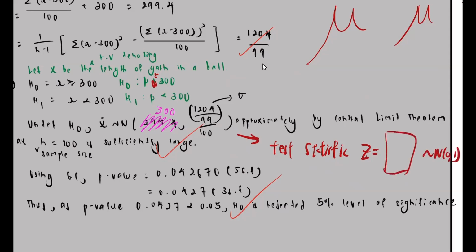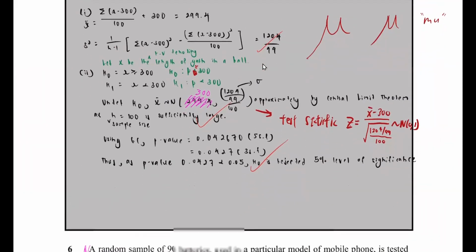But what's in between the fraction? The X bar minus 300 over the square root of 1204 over 99, over 100. Okay, good. Take a square root. Yeah, correct. Good.